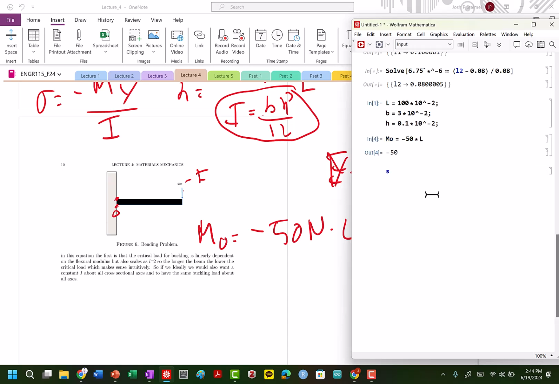And then our stress. So if we do sigma top, it's going to be equal to minus M times y, where y is at the top of the beam, so it's h divided by 2. And then we need to define our I. Be careful here, because i is imaginary. So I is equal to b times h cubed, all divided by 12.